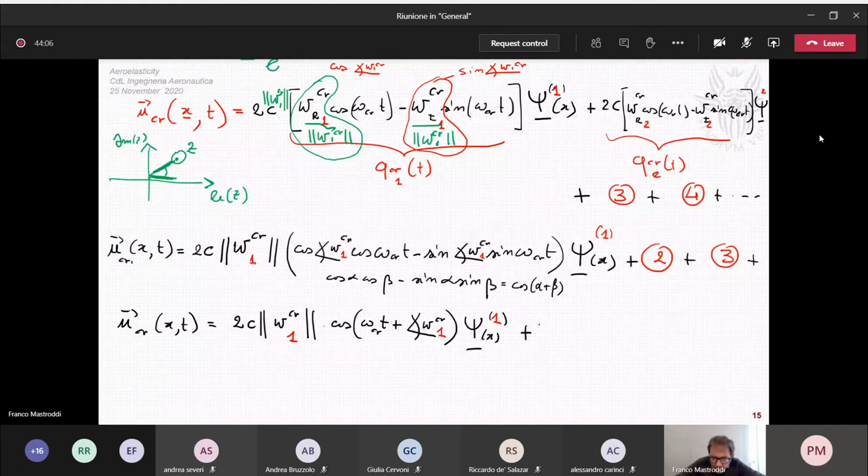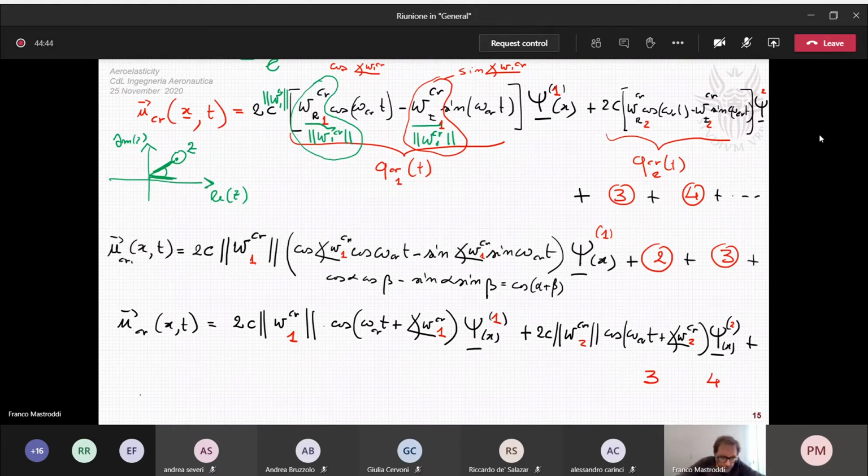So we have here, for example, 2c W critical second component by the cosine of omega critical t plus this omega critical phase, multiplied by psi x second, plus all the other contributions: 3, 4, and so on.